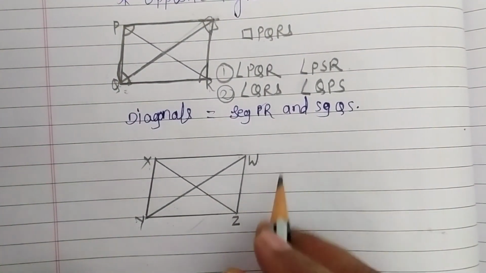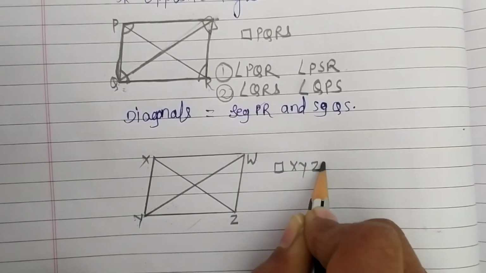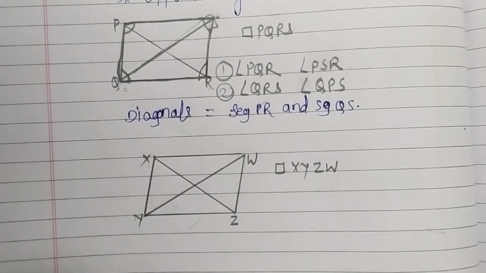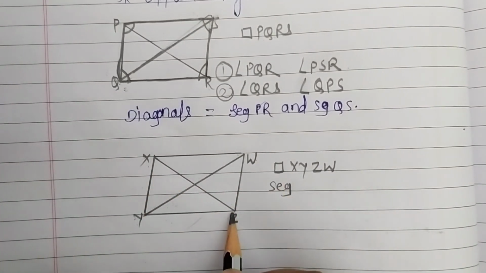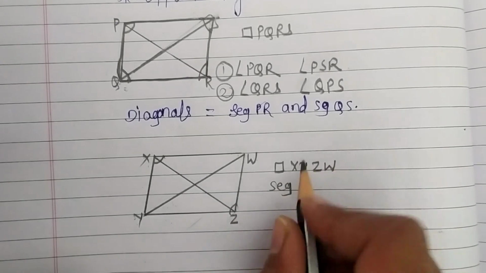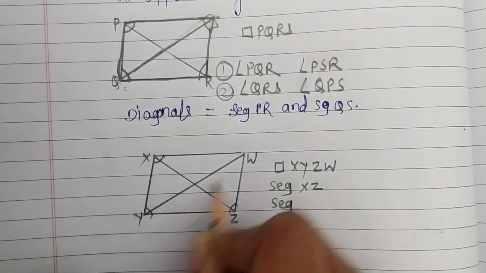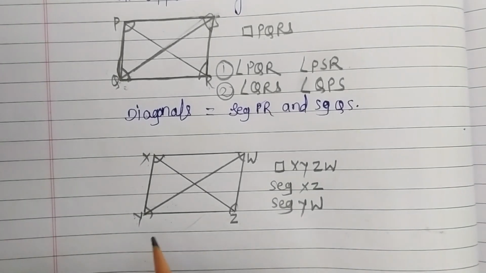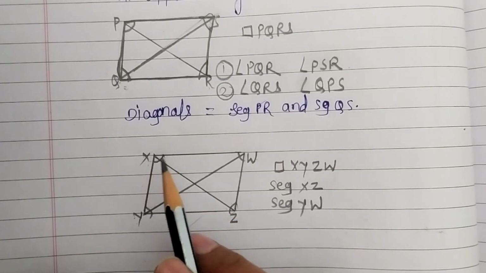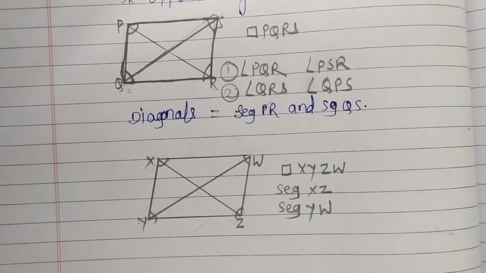Which are the diagonals of this quadrilateral? Let's write it. This is quadrilateral XYZW, and the diagonals of this quadrilateral are segment XZ and segment YW. The line segments which join the vertices of the opposite angles of a quadrilateral are known as diagonals of the quadrilateral.